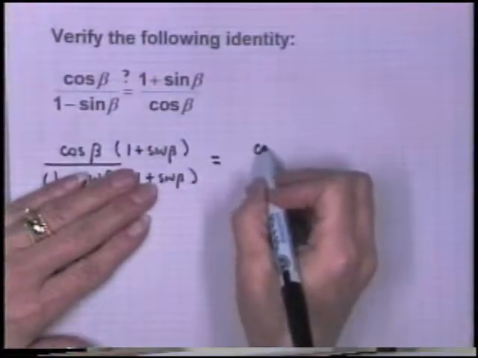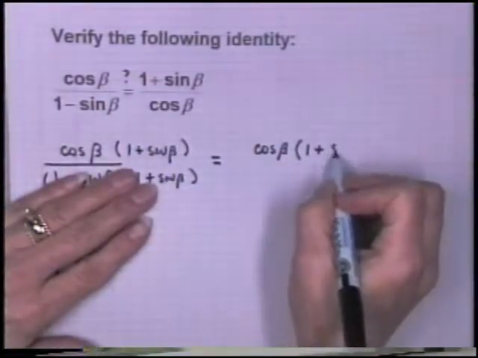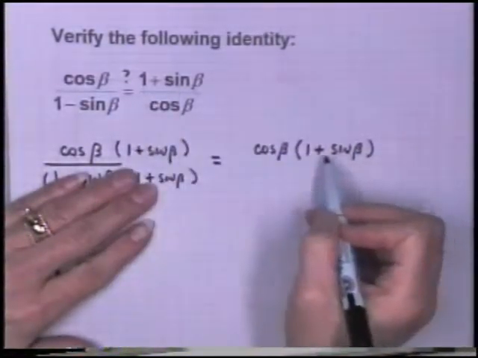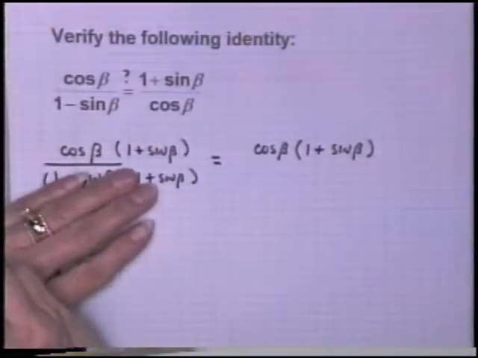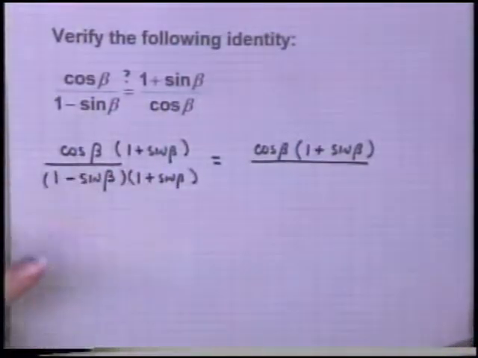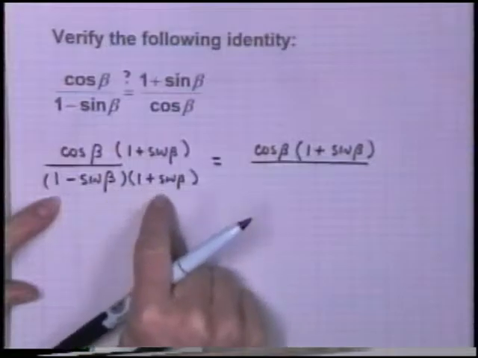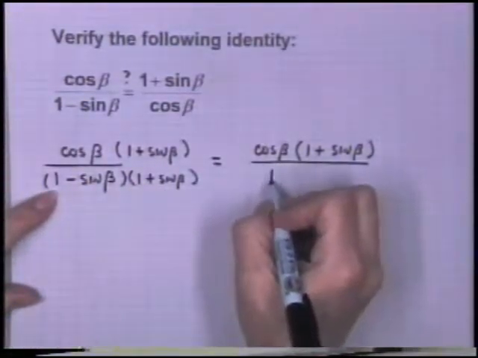Now, I'm going to suggest that for now we leave this numerator factored. The reason I'm suggesting that is because, remember, what I want to have is this 1 plus sine beta, so I'm hoping this guy right here is going to cancel out, perhaps. So I don't want to multiply him through here. I'll have to refactor. Now down here I am going to multiply because I'm hoping something will happen here that will allow me to simplify.